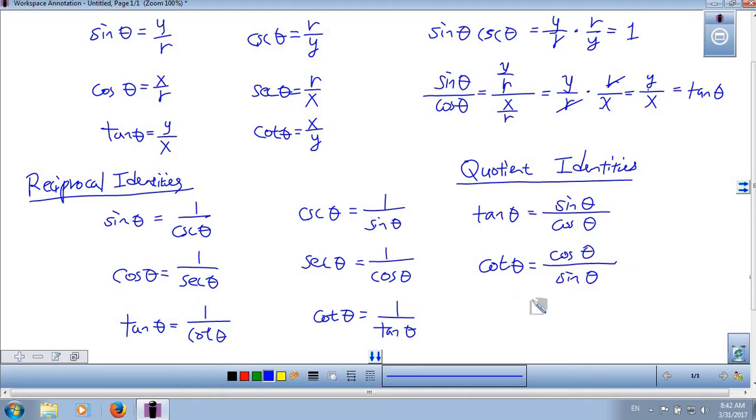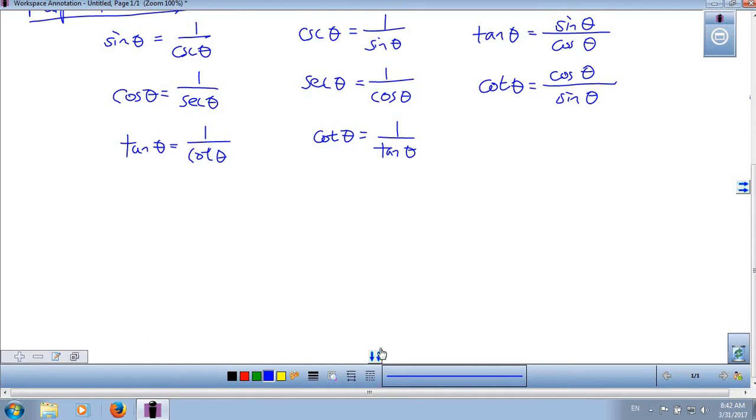But those are a little bit less useful because you can derive them from the reciprocal identities, so we're not going to have to write them. The most important quotient identities to remember are tangent equals sine over cosine, and the reciprocal of tangent, cotangent, equals cosine over sine. Okay, so those are the very fundamental basic identities.